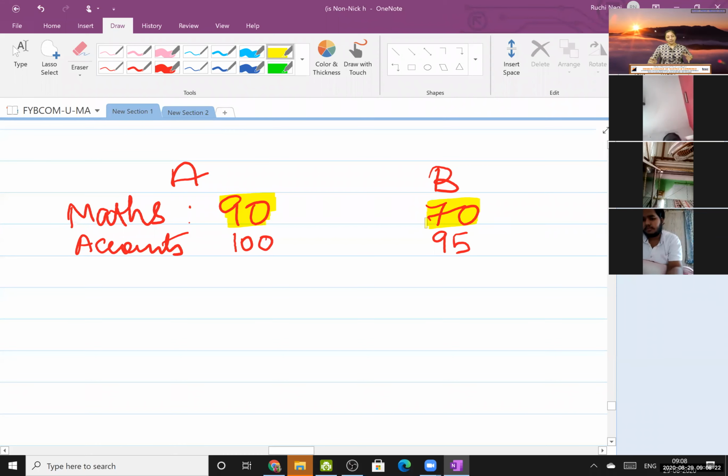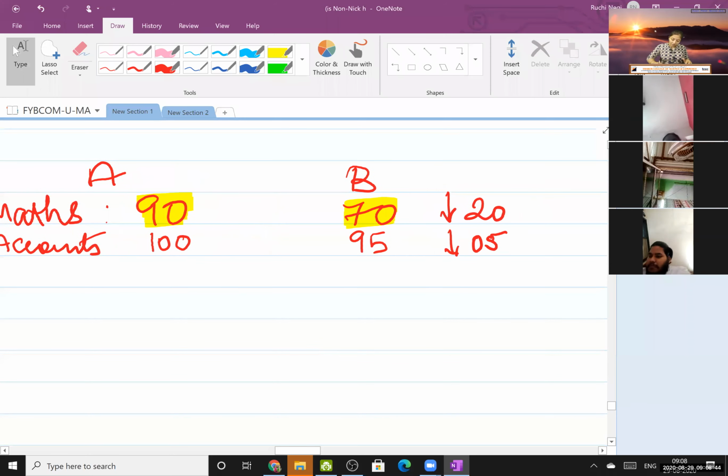So if I'm comparing student B with student A, so what I can say, कि अरे इसके तो मार्क्स डिक्रीज रेट पे है, इसको 20 मार्क्स कम मिले इससे. ओके. अगर मैं उसको 100 से भी कंपेयर करूँ तो भी सेम प्रॉब्लम होगा, इसको 5 मार्क्स कम मिले. सो ये जो मैंने कॉलम बनाया है, this column which I have made is either the increase column or the decrease column depending on what you are comparing.